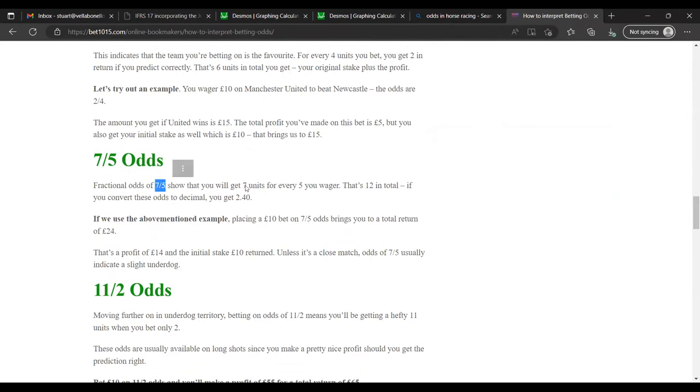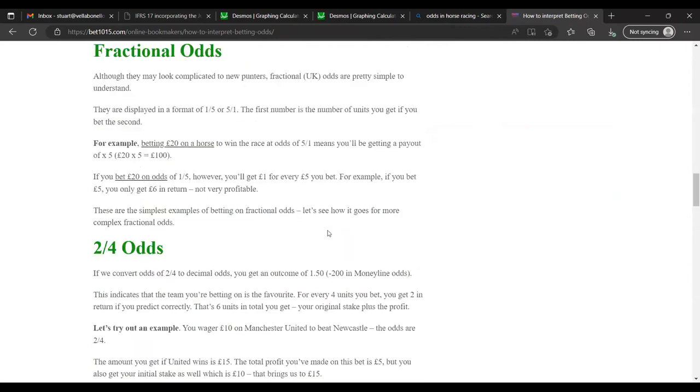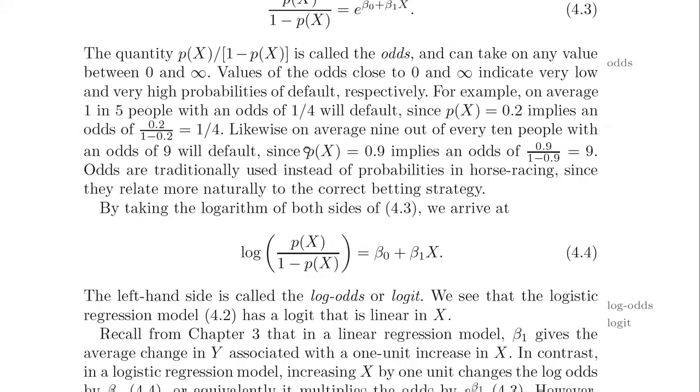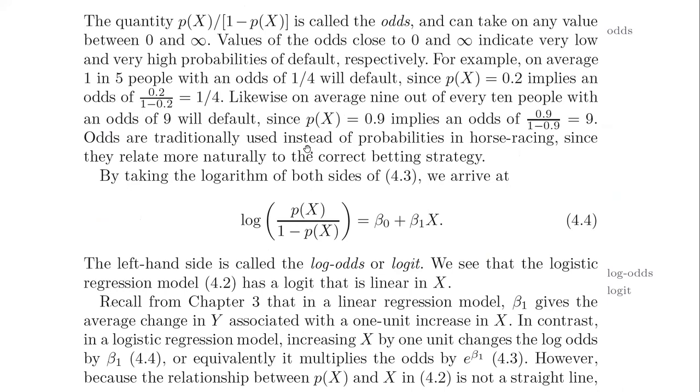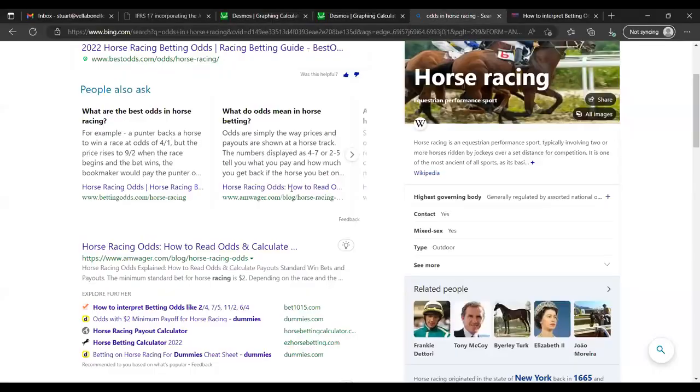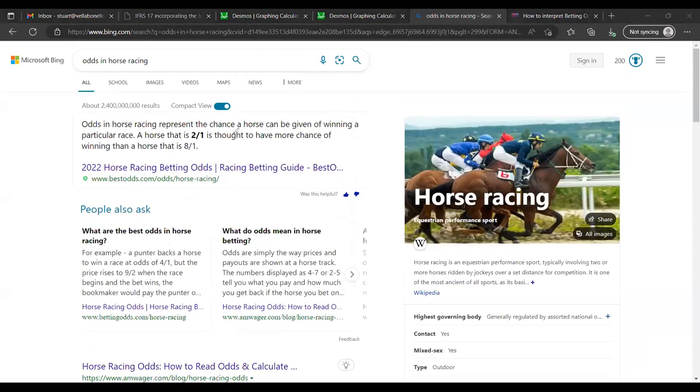So 7 to 5, you'll get 7 units for every 5 that you wager. Let's see what the book has to say. Actually, let's not, it's getting quite late in any case. But I think what it means is that if you wager 1, for example, you get 2, right? So if you're willing to bet 1 on someone who is likely to lose, you get 8. So the 8 to 1 is a riskier bet, basically, so you get a higher reward. Definitely.